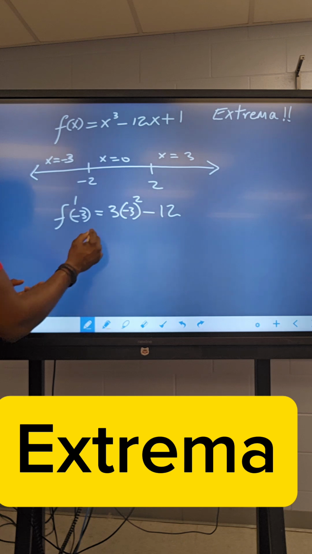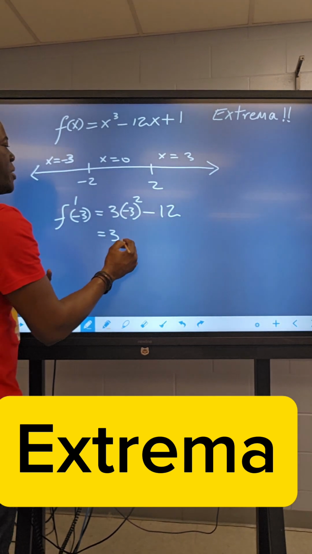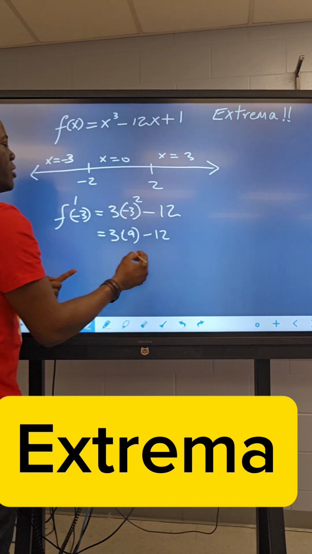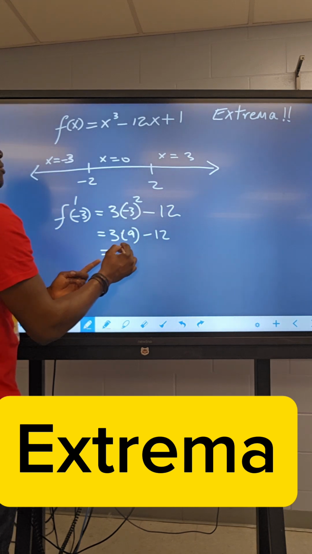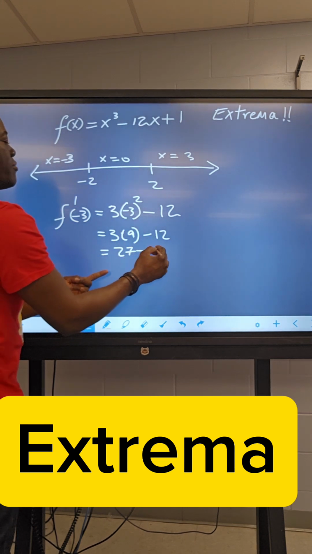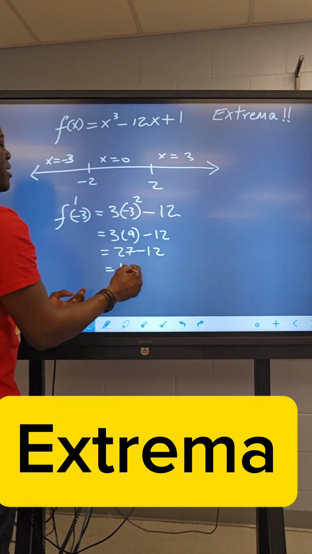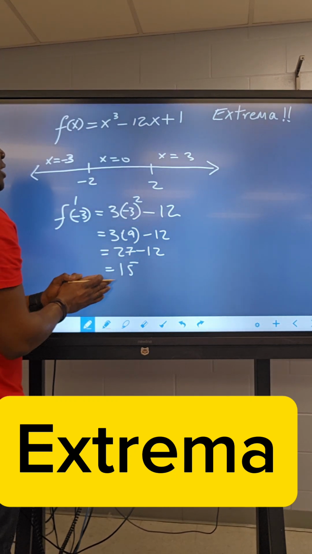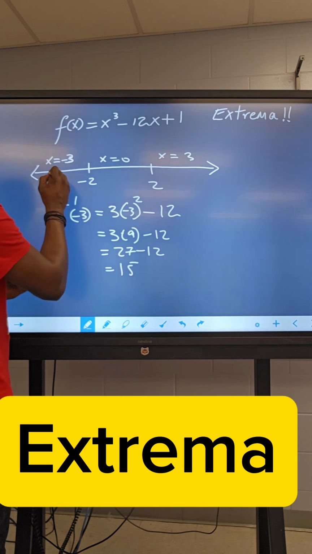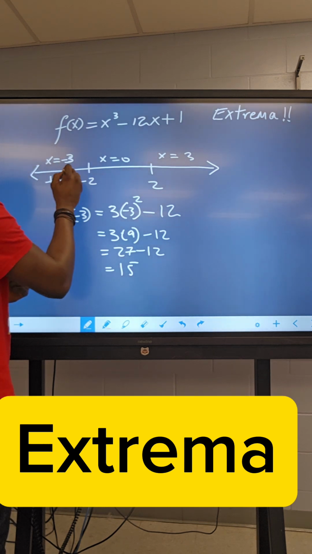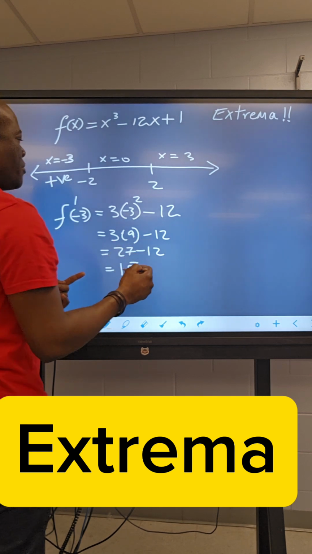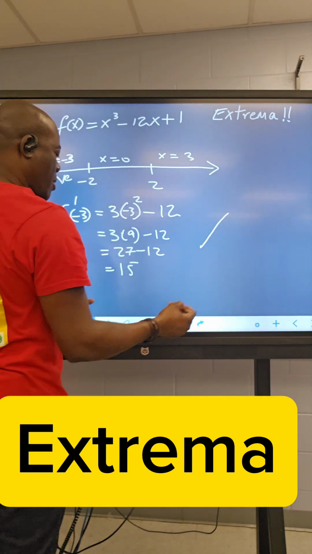Putting our negative 3 there, this is 3 times 9 minus 12, so this is 27 minus 12, and this is positive 15. I don't really need the value, I just want to know if it is positive or negative. So this is suggesting that we're positive there. That means we have a line like this going up.